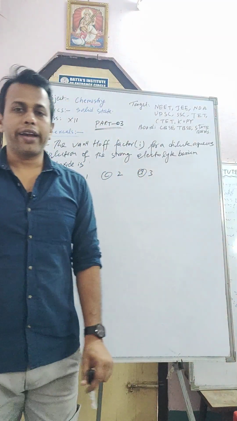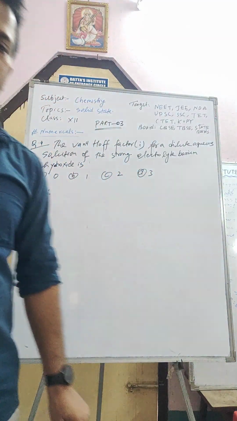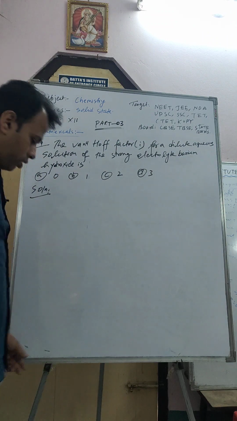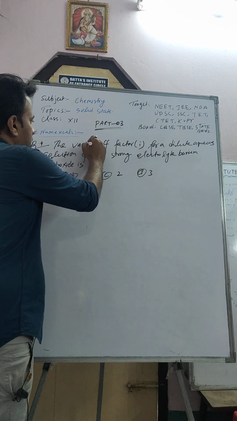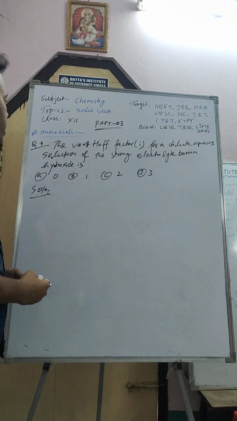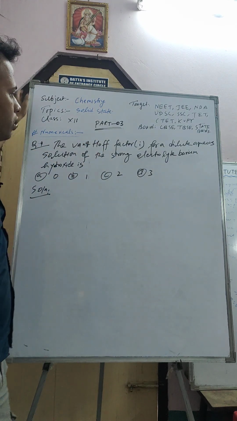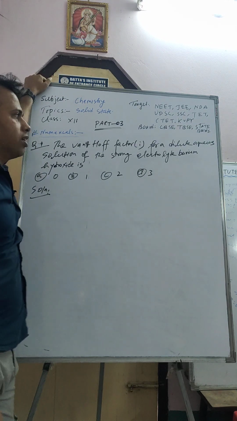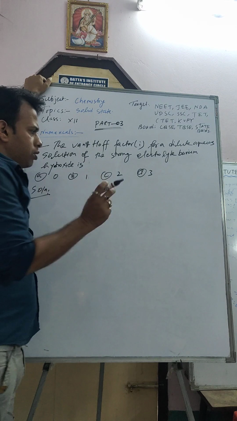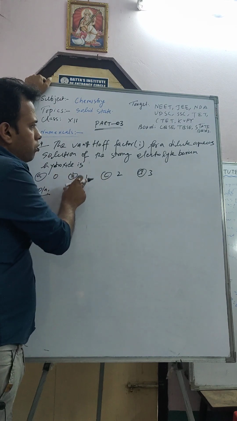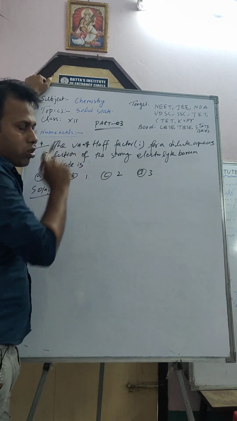So students, our next question, that is question number 4 from solutions, is like that. The van't Hoff factor, that is i, for a dilute aqueous solution of the strong electrolyte barium hydroxide. So which one will be the van't Hoff factor for the strong electrolyte barium hydroxide?